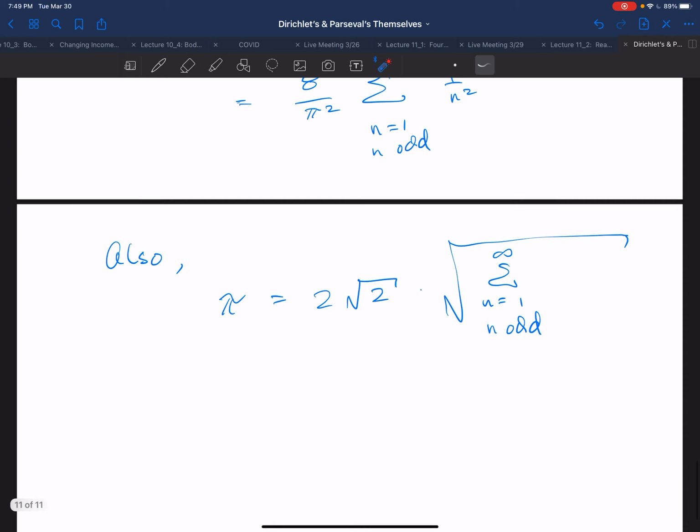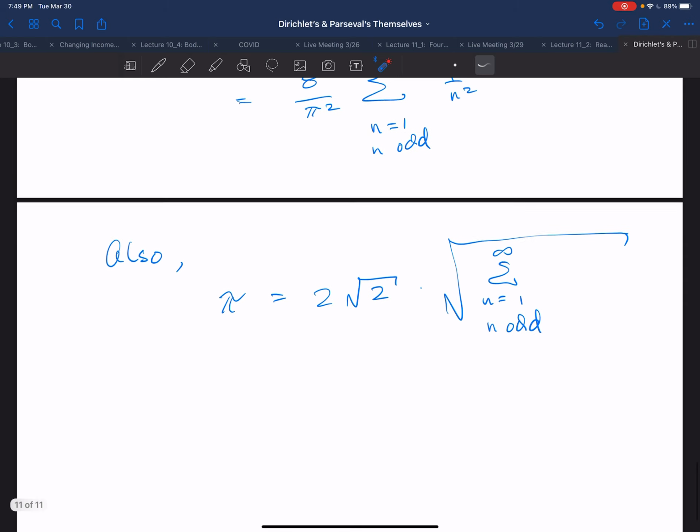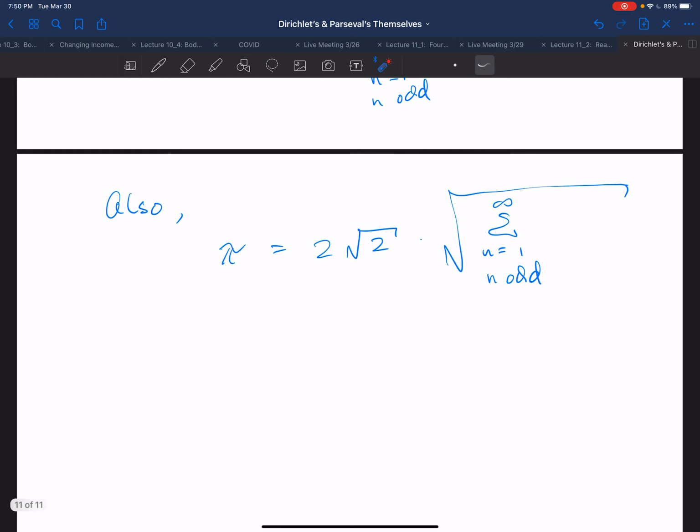And with that, you get pi as the square root of 8, or 2 root 2, times the square root of the sum of this geometric series. So a byproduct is that we get an algorithm for computing pi.